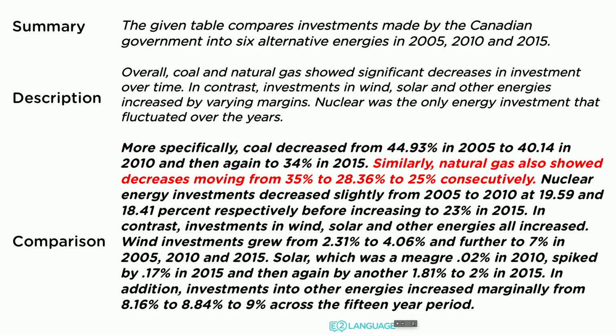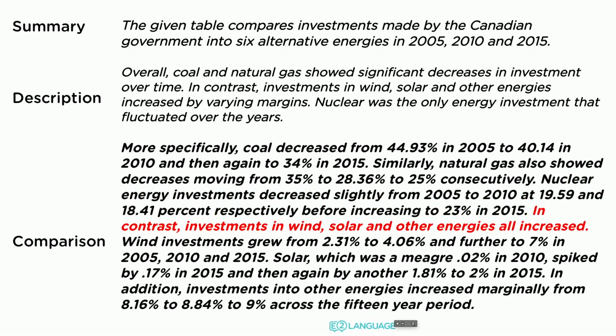Similarly, natural gas also showed decreases, moving from 35% to 28.36% to 25% consecutively. Nuclear energy investments decreased slightly from 2005 to 2010 at 19.59 and 18.41% respectively, before increasing to 23% in 2015.